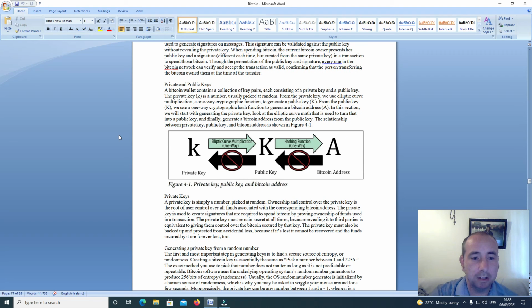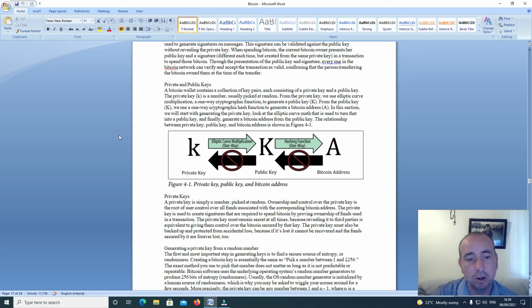Public and private keys. A Bitcoin wallet contains a collection of key pairs, each consisting of a private key and a public key. The private key is a number usually picked at random. From the private key, we use elliptic curve multiplication, a one-way cryptographic function, to generate a public key. From the public key, we use a one-way cryptographic hash function to generate a Bitcoin address.